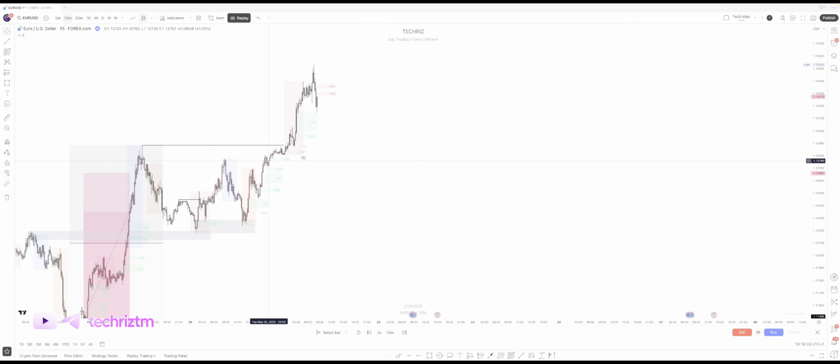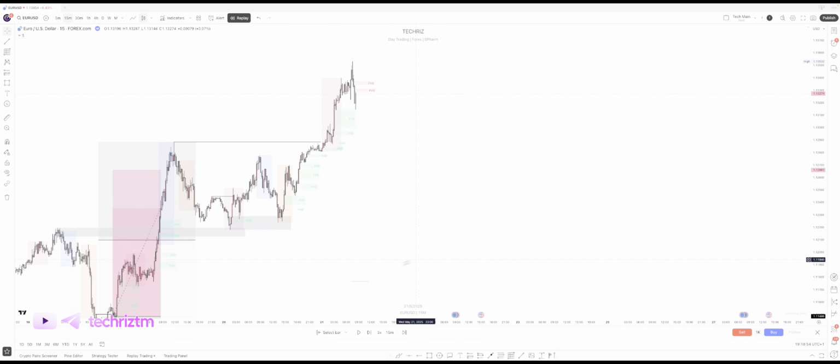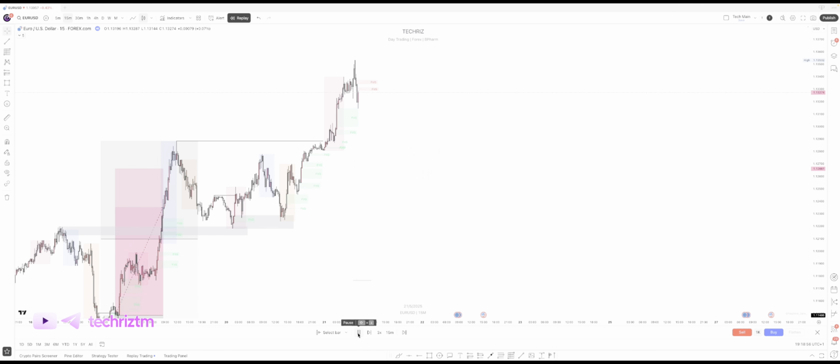So I want to see price come into any of these levels, and so our demand zone, like I've said, is going to be here, right? So I want to see price sweep liquidity into any of those session key levels, and let's see what happens.